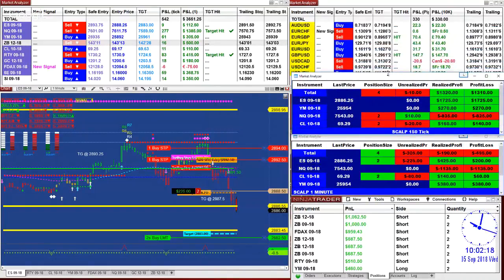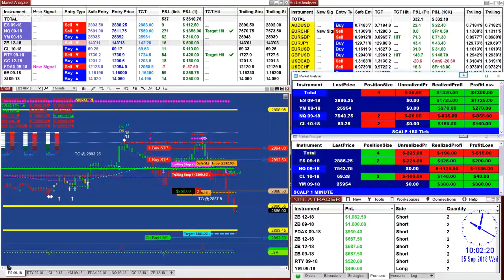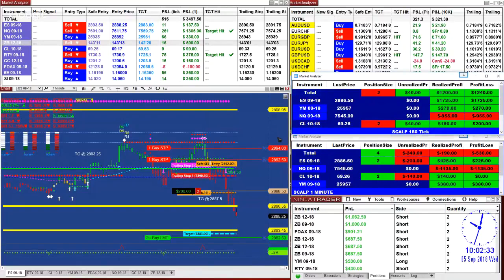You can see the 1 minute scalper is in trouble. The 150 is doing much better, but still there is trouble in the 1 minute. And of course, it will recover immediately the minute the markets start lining up. Those scalpers can immediately recover.